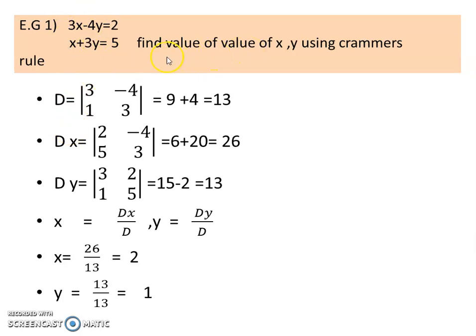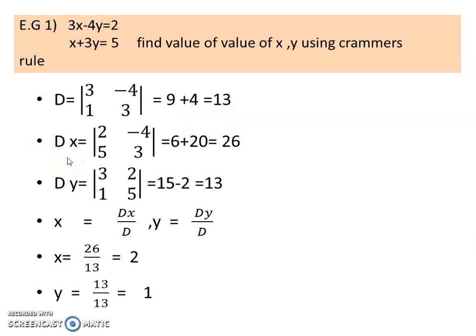Then find the values of x and y using Cramer's rule. For D, we have to take the coefficients of x and y. It is 3, minus 4, 1 and 3. Then 3 3s are 9. The middle is minus, but minus 4 into 1, minus 4, is minus minus plus. So we derive the answer 13.